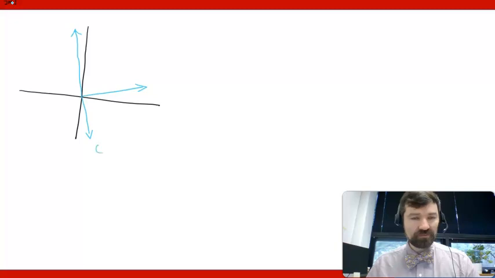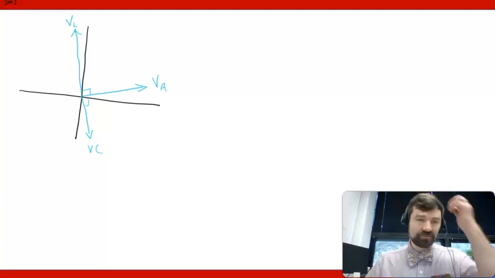So this one might represent the capacitor, this one would be for the resistor, this one would be for the inductor, this is a right angle, this is also a right angle.